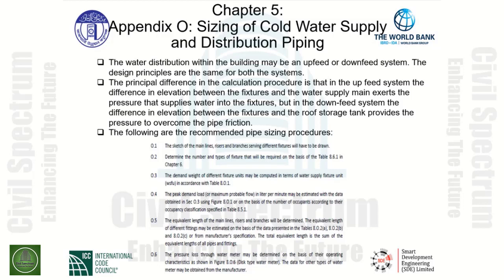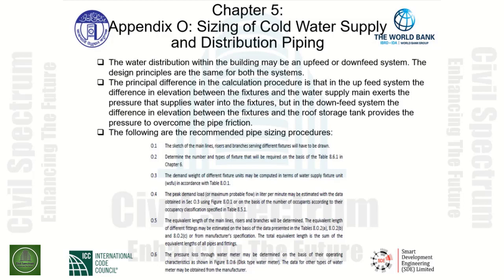The equivalent length of different fittings may be estimated on the basis of the data presented in the tables as follows. Table 8.0.2a, Table 8.0.2b, and Table 8.0.2c, or from manufacturer's specification.